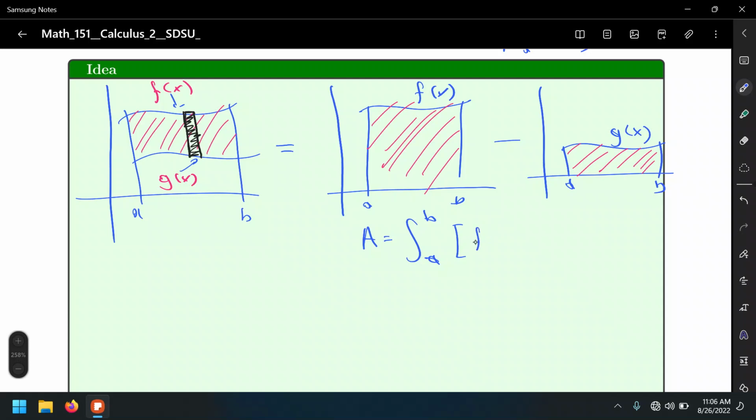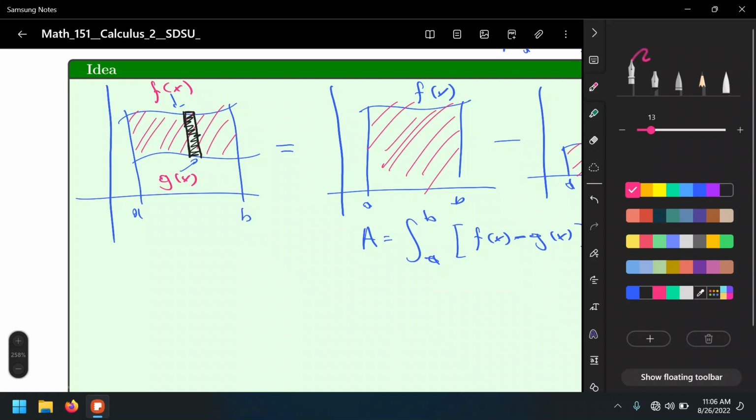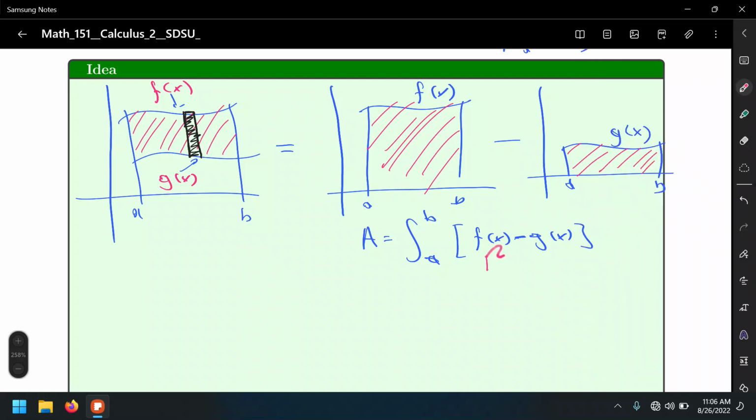In this case, the top function f of x minus g of x. You might want to label this as top minus bottom, to make our lives easier when it comes to interpreting the region of integration that we're working on.